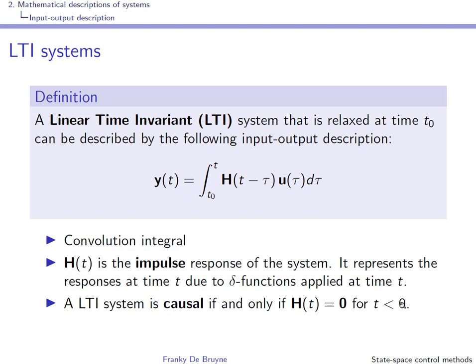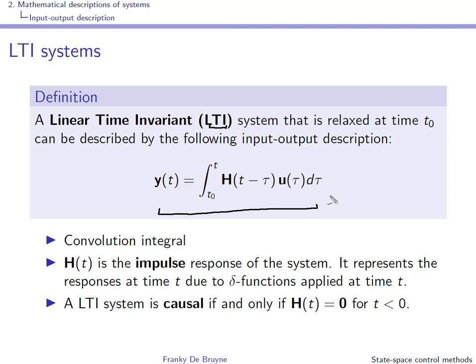You remember from the course of signals and systems that if the system is linear time invariant, it is LTI, then you can describe the output by the following relation, okay, which is the convolution integral. So here y is the output, u is the input, and h is the impulse response.